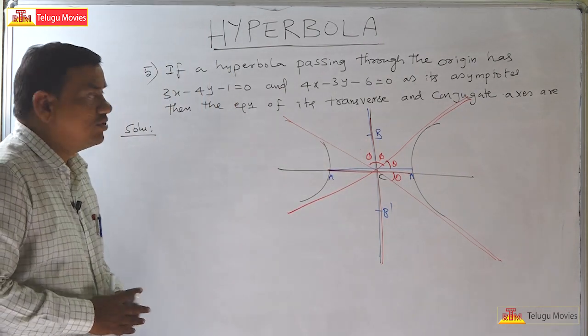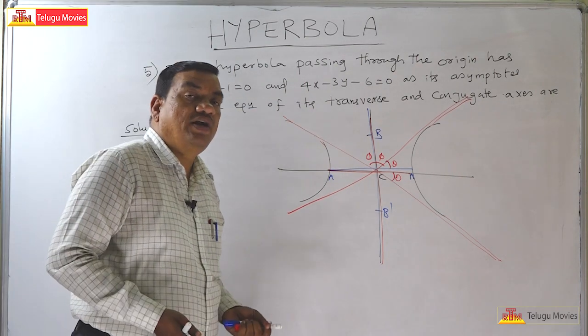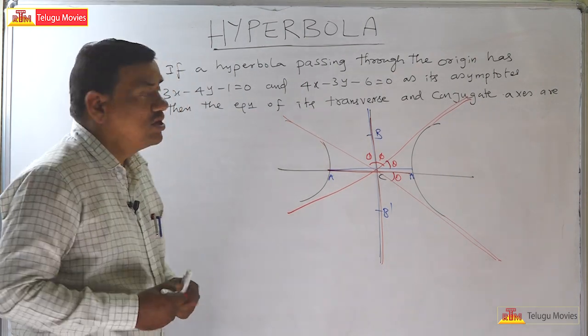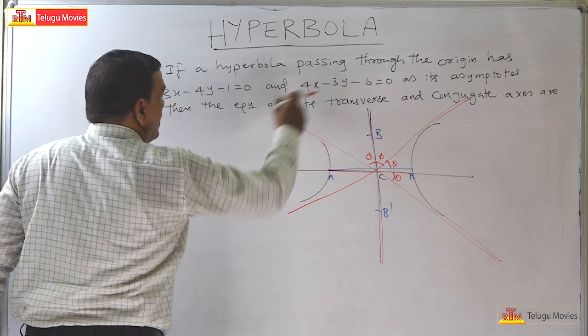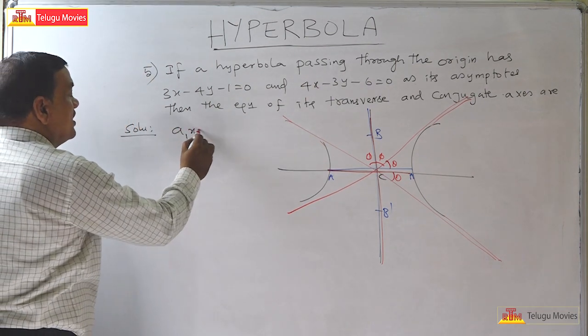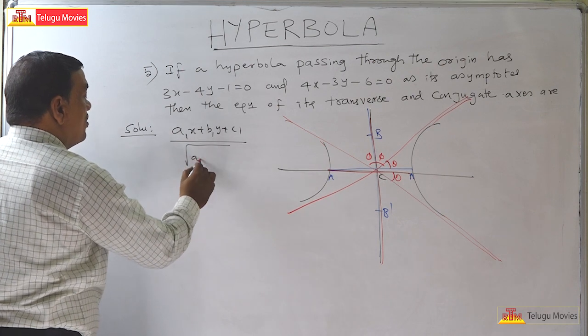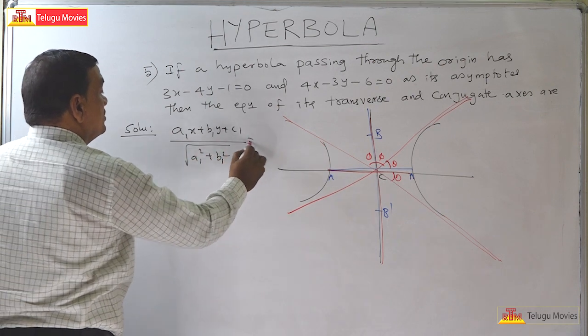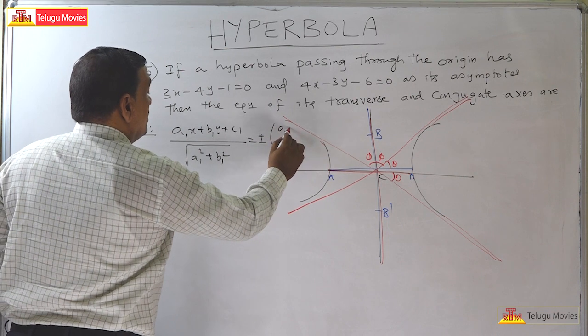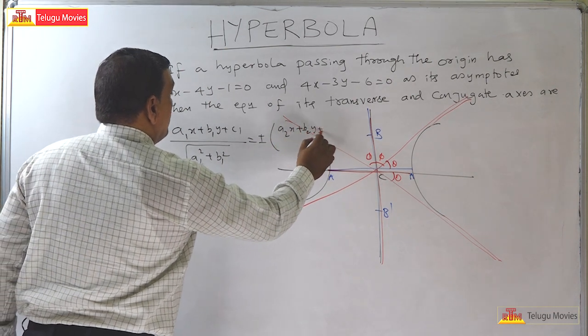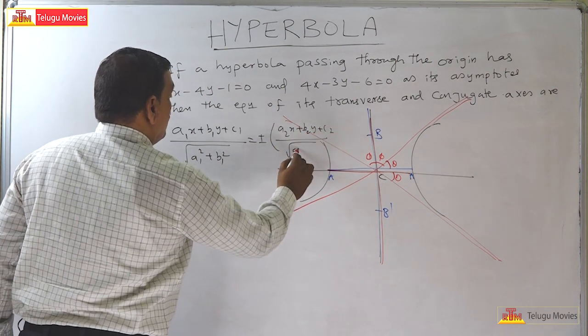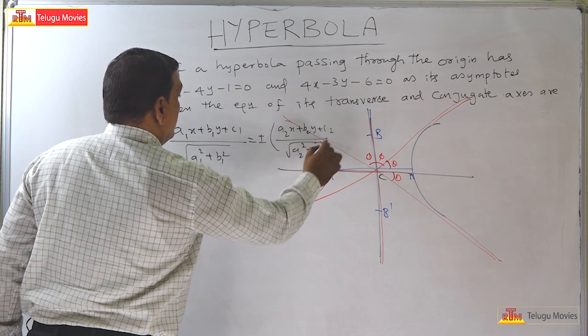Now simply, if two lines are given, we have to find the angle bisectors. So what are the angle bisectors of these two lines? We have the formula: (a1x plus b1y plus c1) divided by the square root of a1 square plus b1 square is equal to plus or minus (a2x plus b2y plus c2) divided by the square root of a2 square plus b2 square.